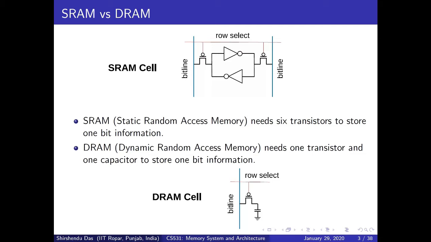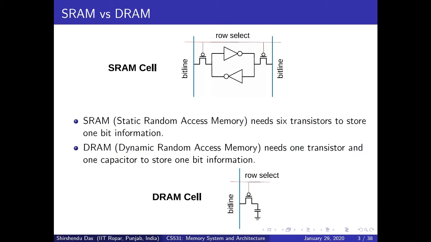So storing information means how to store a binary bit. If you can successfully store a binary bit, either 0 or 1, then we can easily store any sequence of binary bits, that means any information in a computer. So the main question is how to store a binary bit.